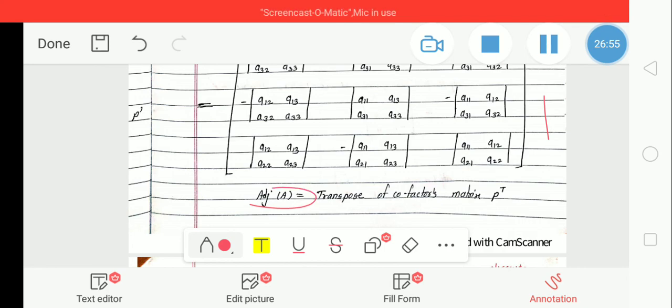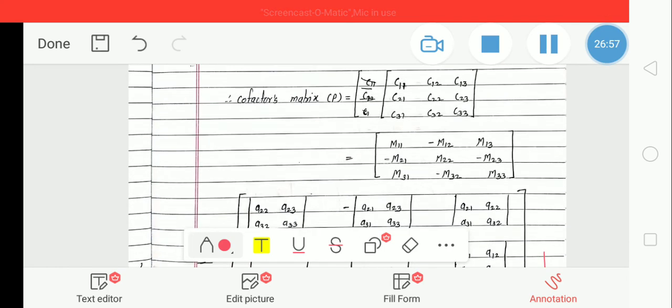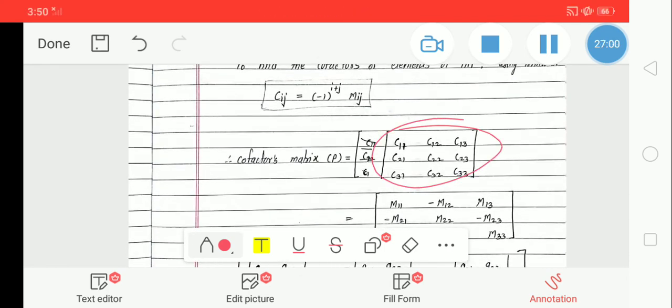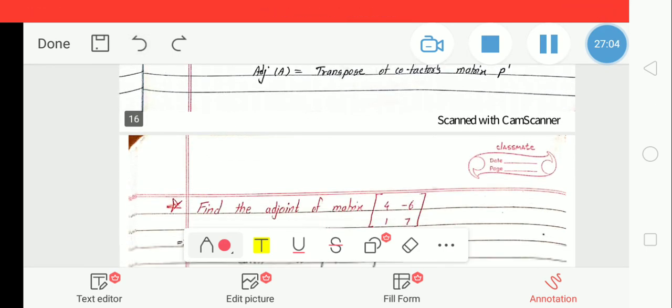Then take the adjoint of A, meaning the transpose of P, the transpose of this matrix. So we get the adjoint of A.